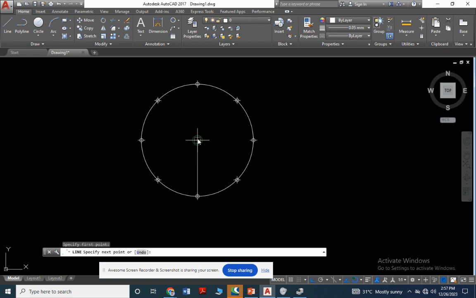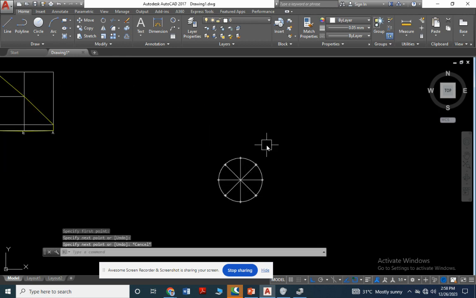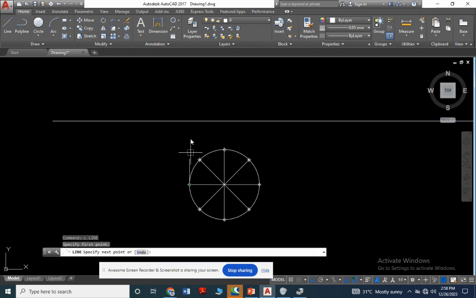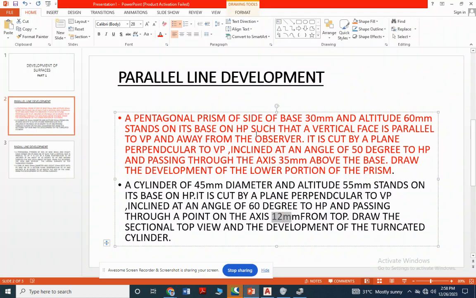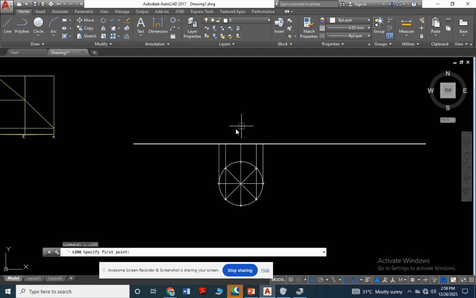Okay, now like to draw the XY line, and from this point draw the projectors, and the height is 55 mm.